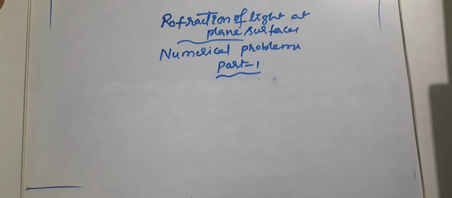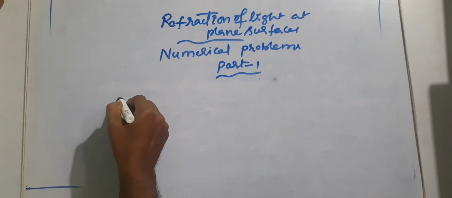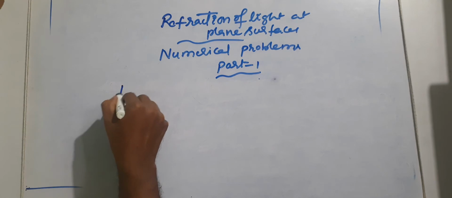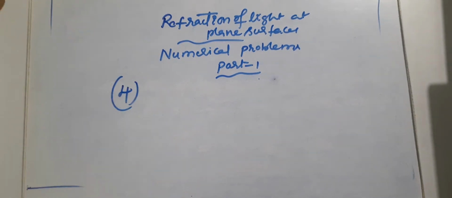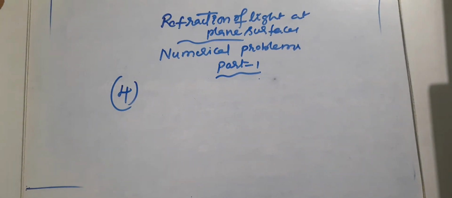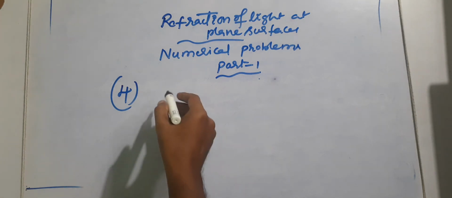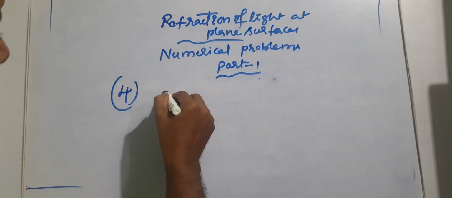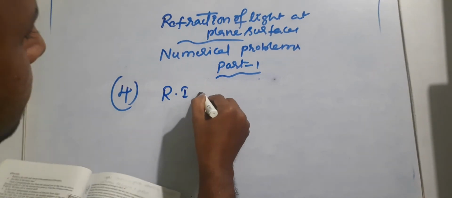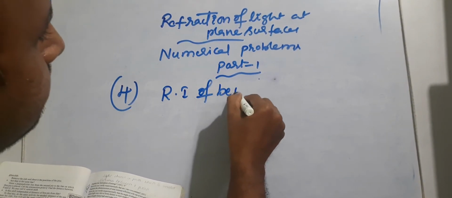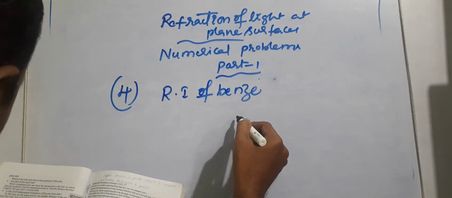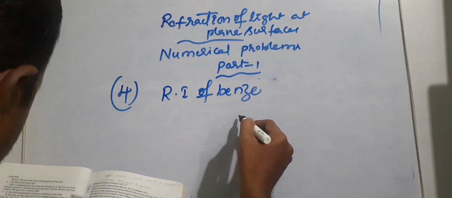Determine the refractive index of benzene if the critical angle is 42 degrees. Problem number 4. Determine the refractive index of benzene.